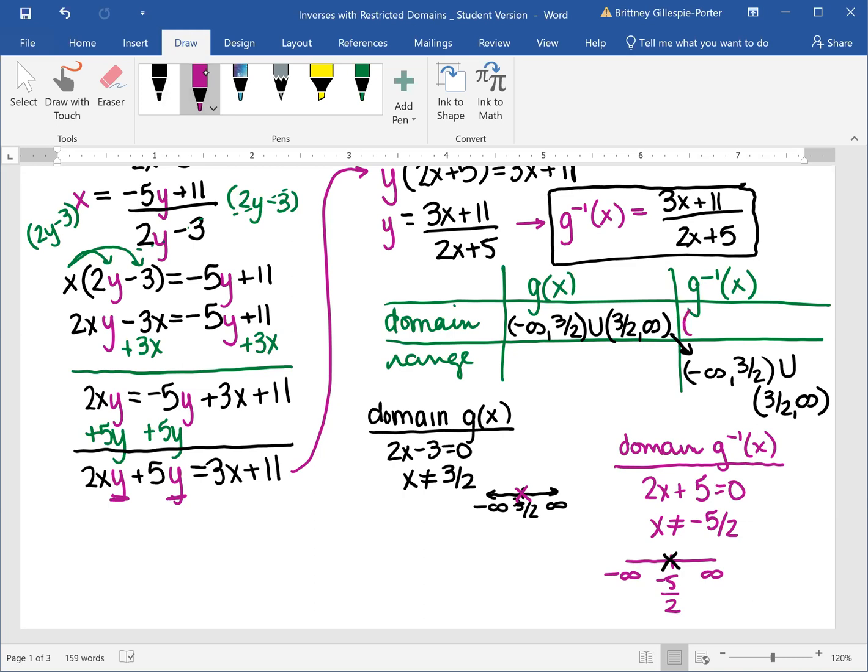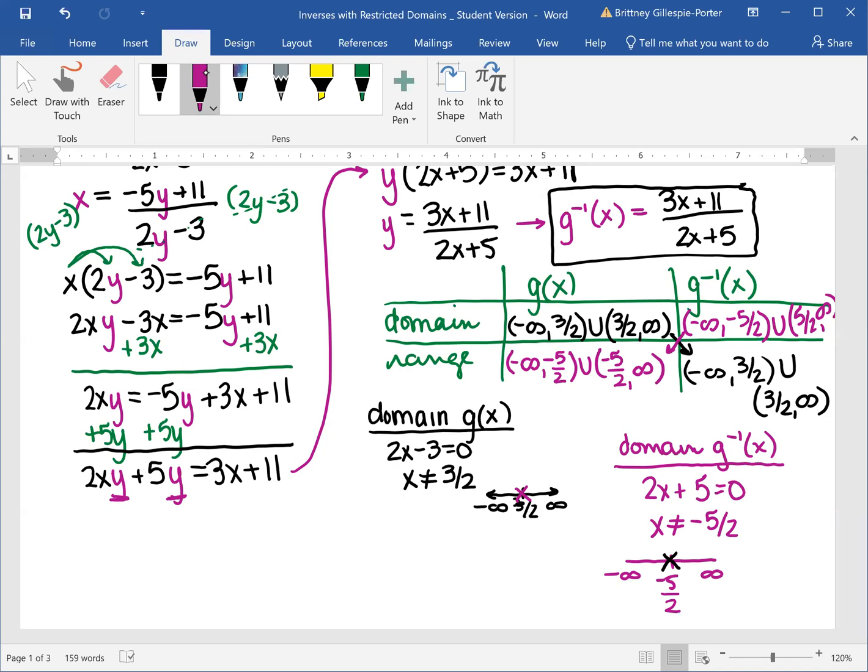So our domain is going to be negative infinity to negative 5 halves, union negative 5 halves to infinity. And if we found the domain of the inverse, we found the range of the original. Again, negative infinity to negative 5 halves, union negative 5 halves to positive infinity.